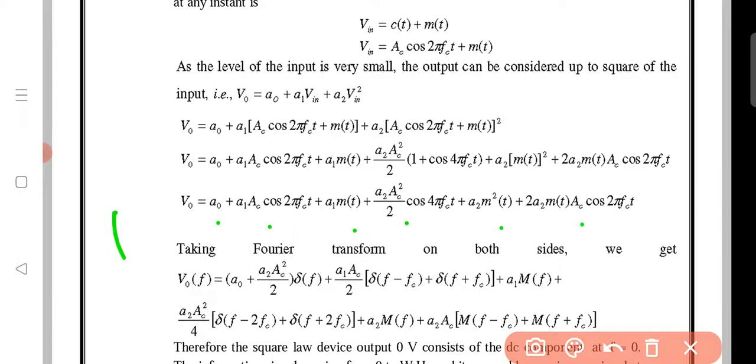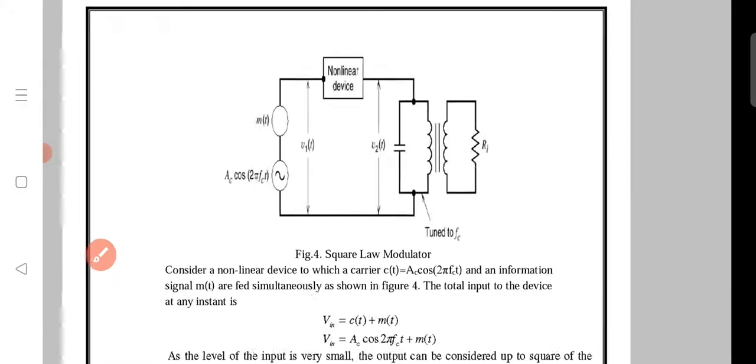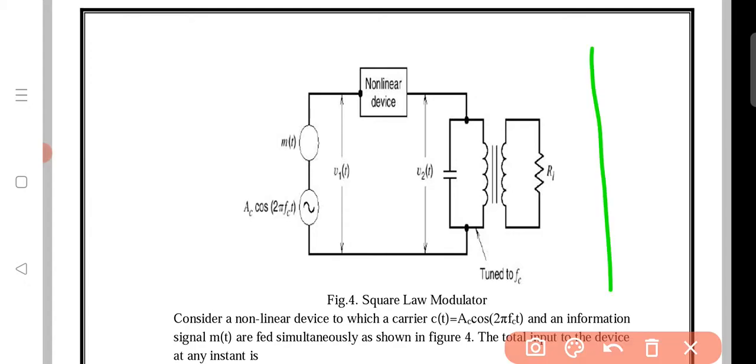These 3 terms, it means higher order terms, are eliminated through the band pass filters or output side filters at the output side. Here the higher order frequency components are eliminated in this filter combination.